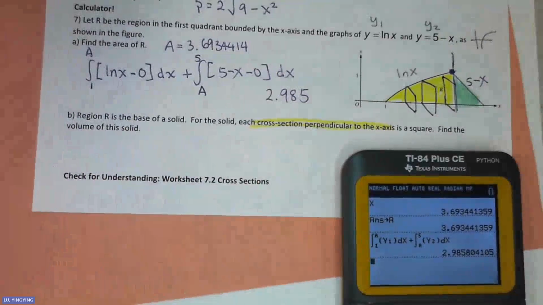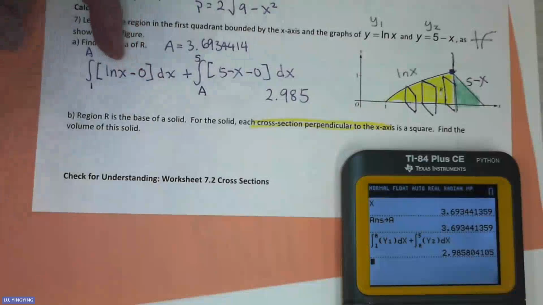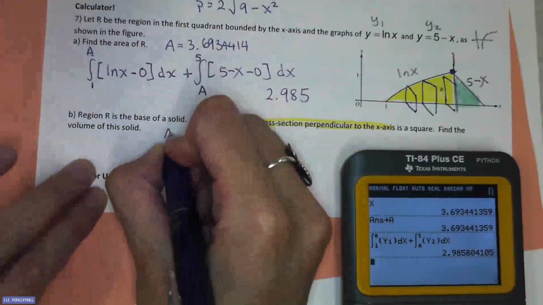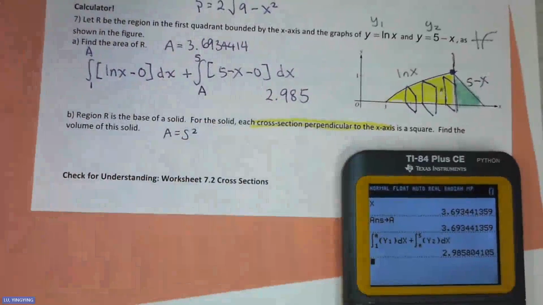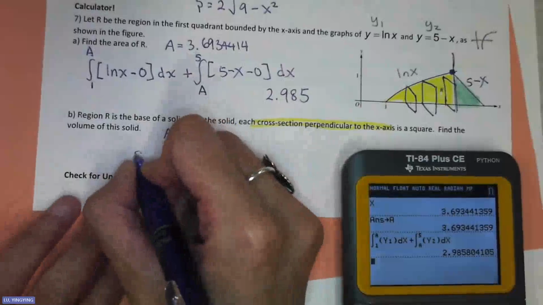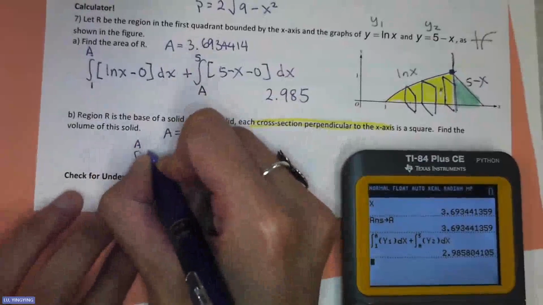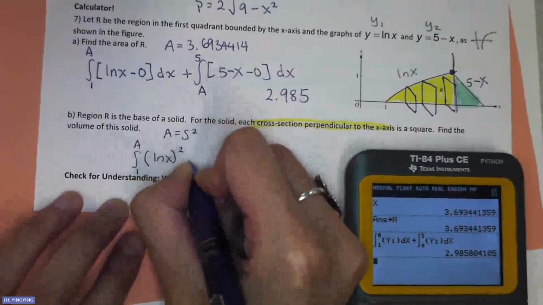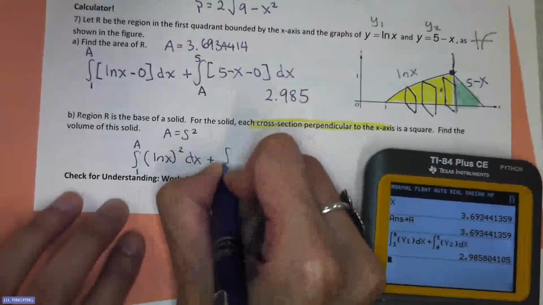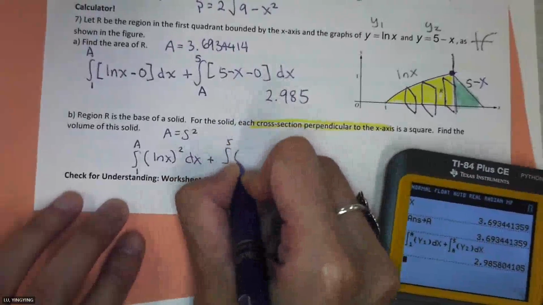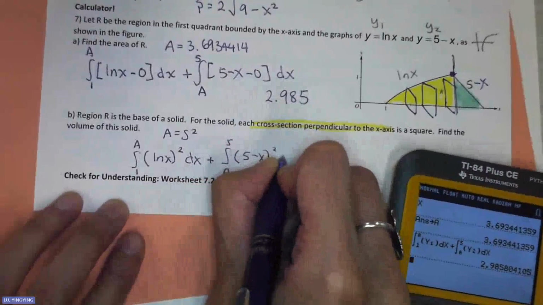You still need two different integrals, right? The only difference is that now we want to square each one. So same thing, 1 to A, but natural log of x, squared. Same thing, A to 5, but 5 minus x, all squared.